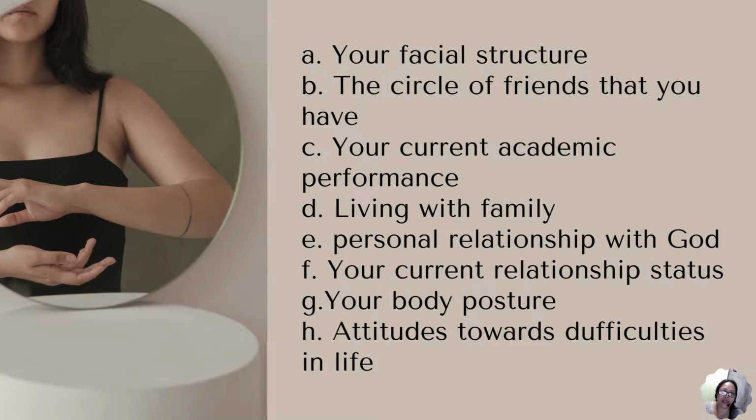Letter C, your current academic performance. Letter D, living with family. Letter E, personal relationship with God. Letter F, your current relationship status. Letter G, your body posture. And letter H, attitude towards difficulties in life.